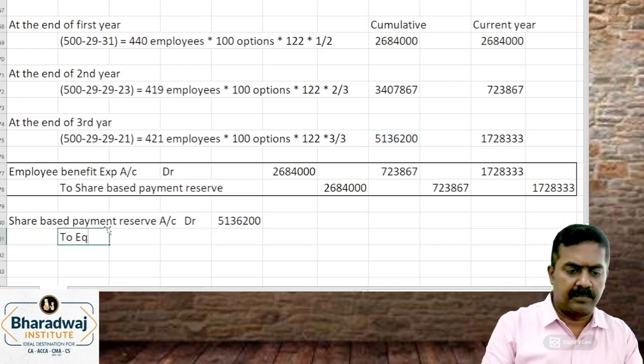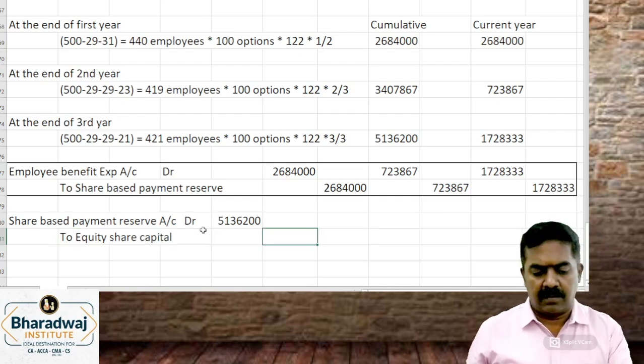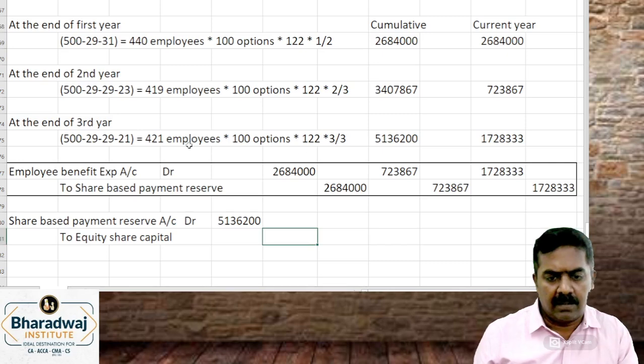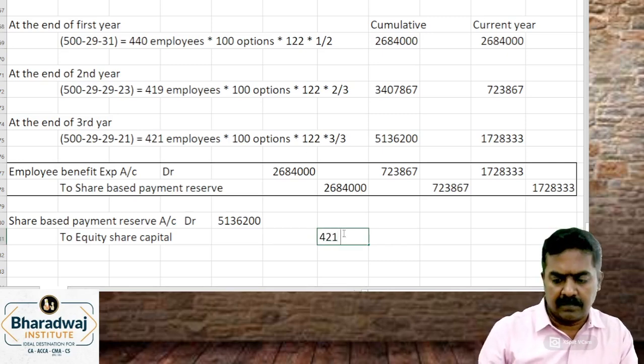No. How many shares are given? 421 into 100 shares into 100 rupees face value.